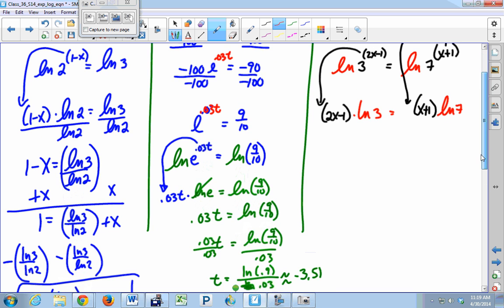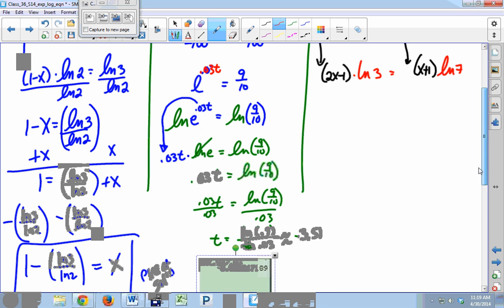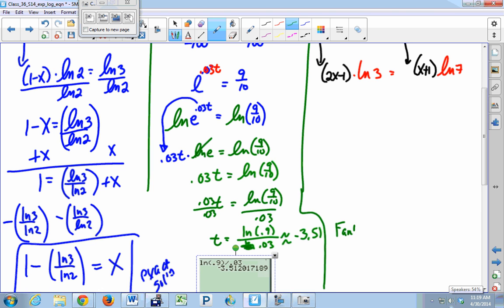Now, you have to solve this equation for x. So let's have another little fantasy equation going. Here's my fantasy equation down here. 3 times 2x minus 1 equals 7 times x plus 1. Okay, do you see how I kind of made it look a little bit like that? Instead of natural log of 3, I just called it 3, because natural log of 3 is just a number.